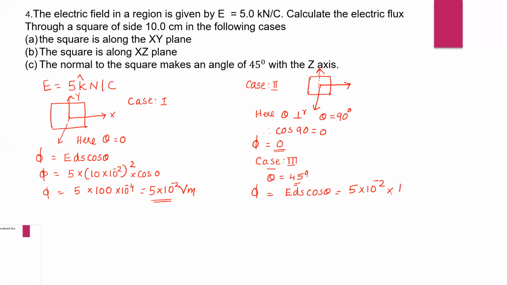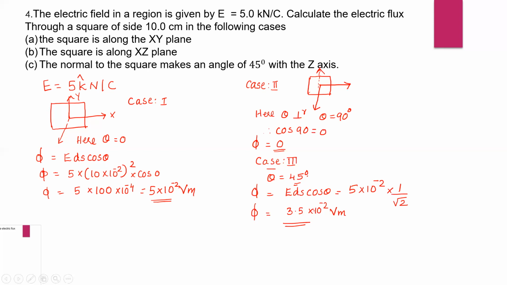Cos 45 is 1 upon root 2. Root 2 is 1.41. On substituting these values, we will get phi is equal to 3.5 into 10 raised to minus 2 volt meter. These are the values of phi in all the three cases.